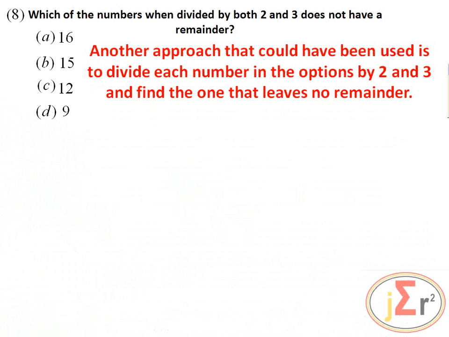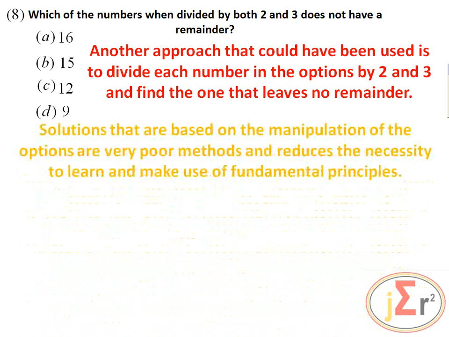Another approach that could have been used is to divide each number in the options by 2 and 3 and find the one that leaves no remainder. So we could have gone through the entire option, dividing each one by 2 and 3. Solutions that are based on the manipulation of the options are very poor methods and reduce the necessity to learn and make use of fundamental principles.